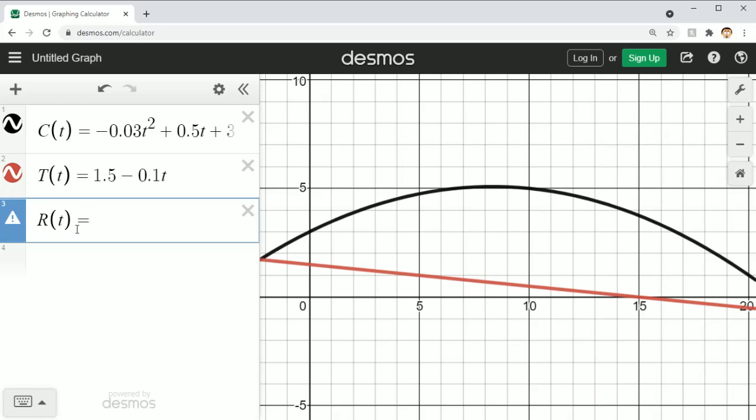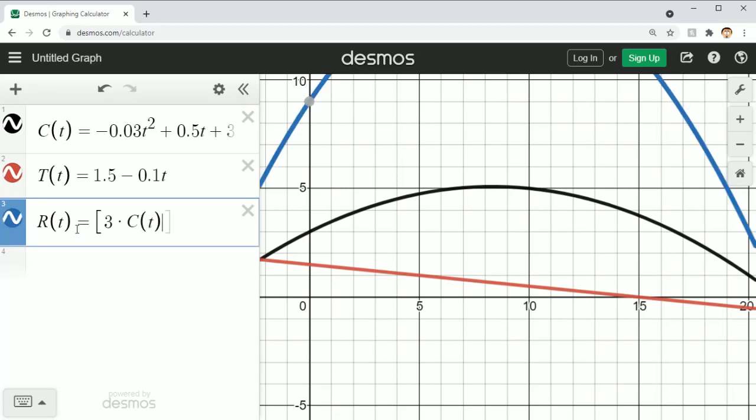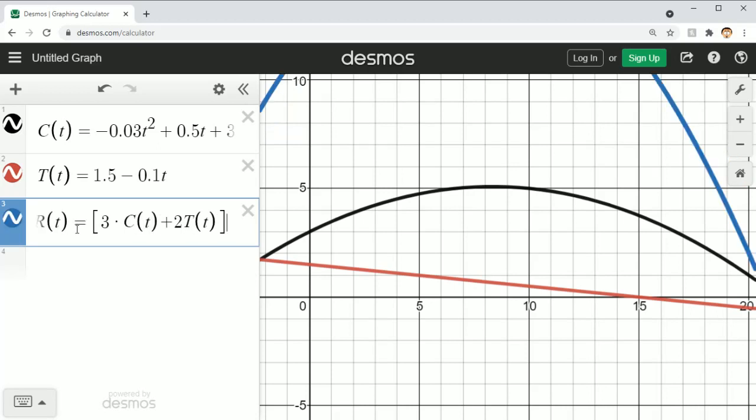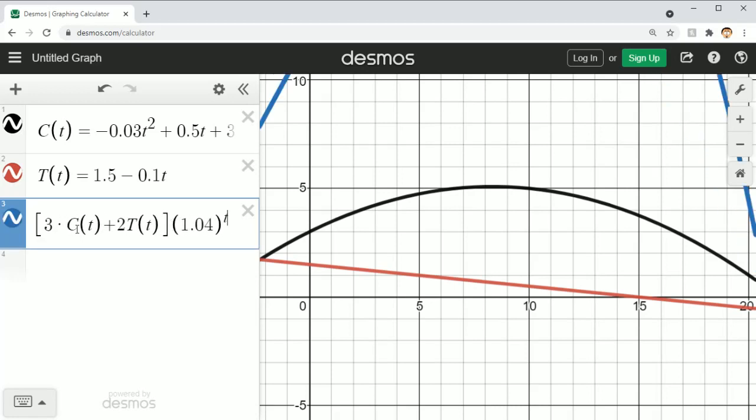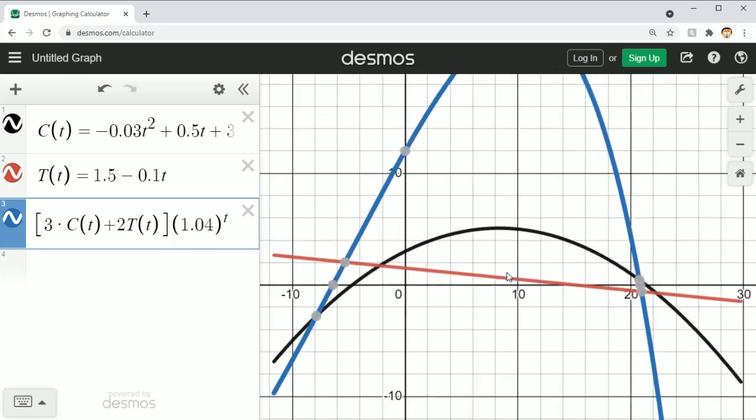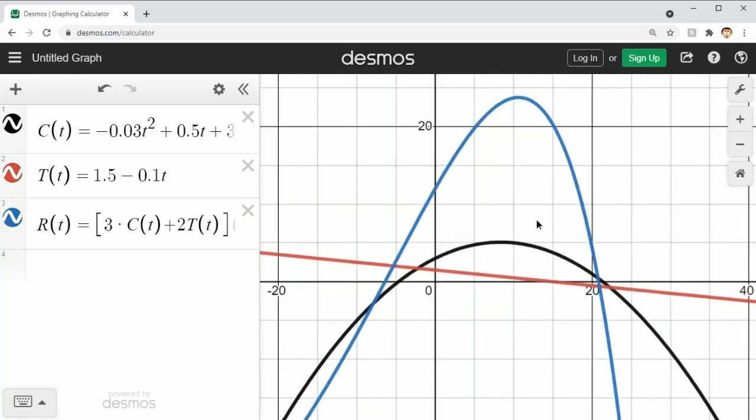We're told that it was 3 times c at t. Can't type today. Plus 2 times t at t times 1.04 to the exponent t. So we get something that looks like that.